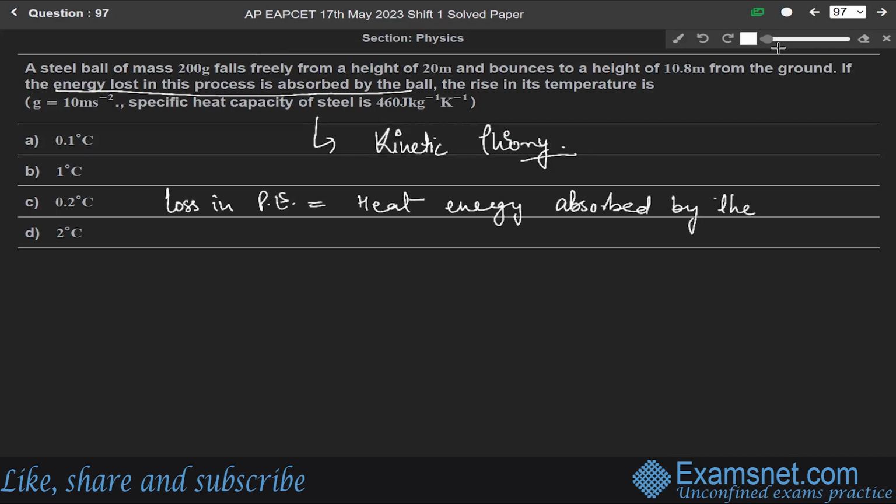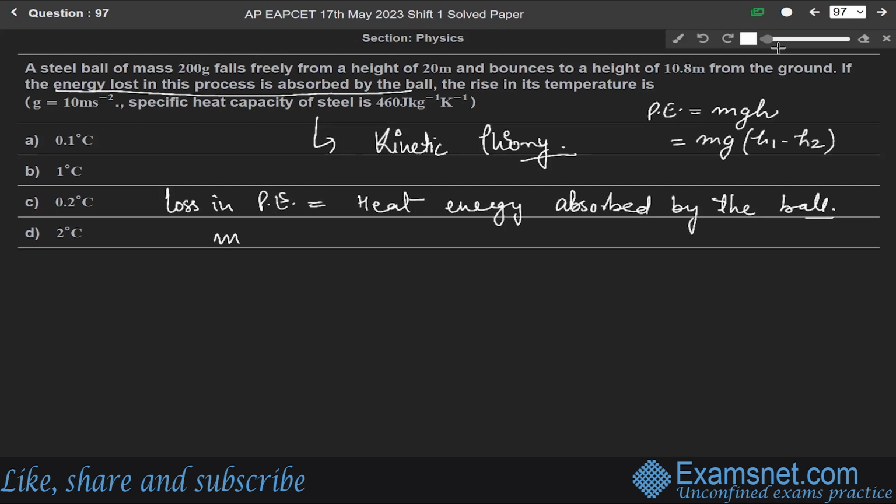The loss in potential energy will be... potential energy is mgh, and loss means the difference in height, h1 minus h2.